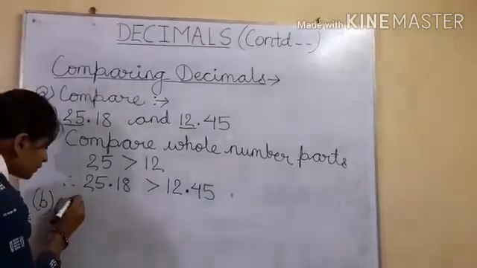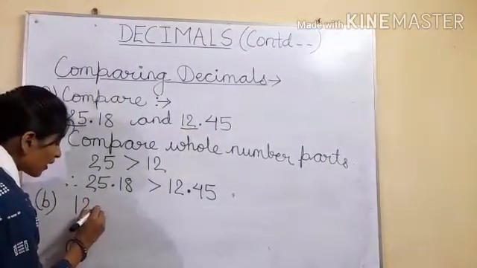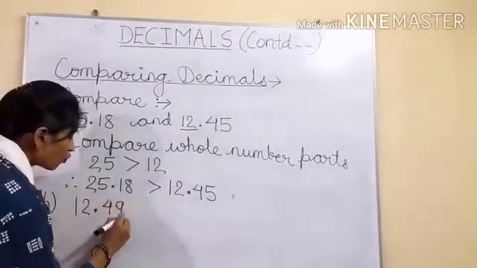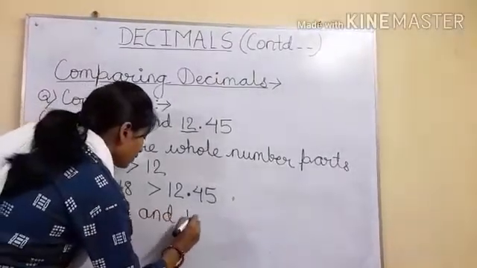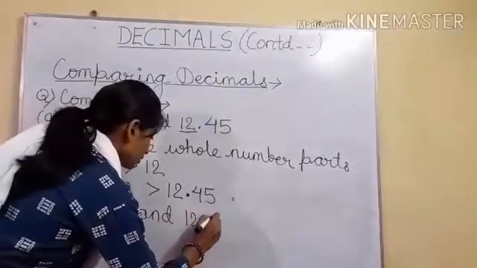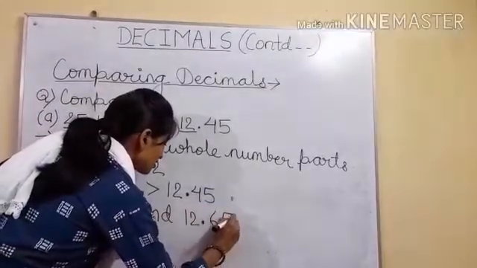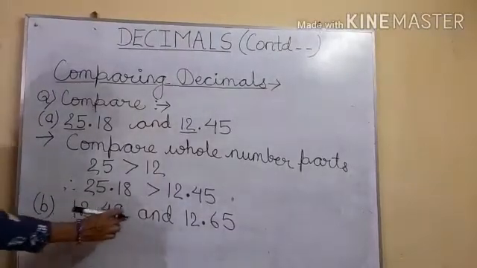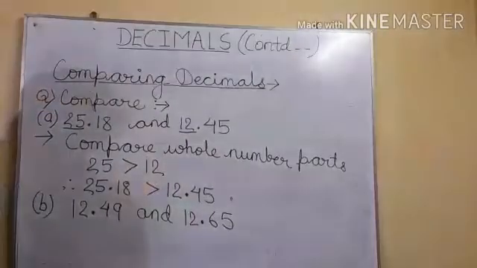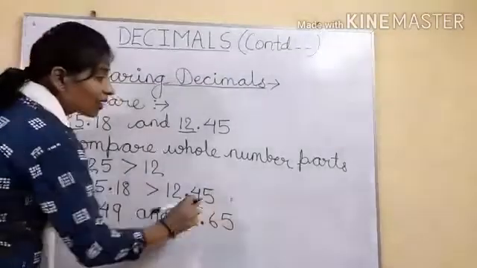For example, 12.49 and 12.65. What will we do? Okay, whole number parts are the same. So we will check the decimal part.